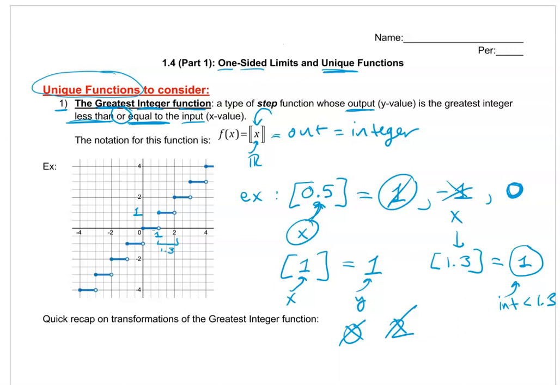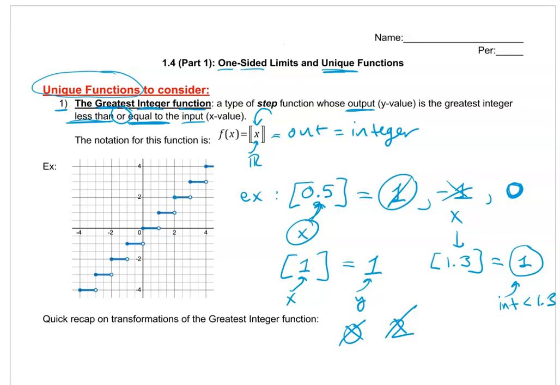So you can see that the y value, right, these are the outputs, are equal to 1 for any value of x between 1 and 2. But then once I get to 2, you can see the y value then becomes 2 and so on and so forth. So it creates these steps.